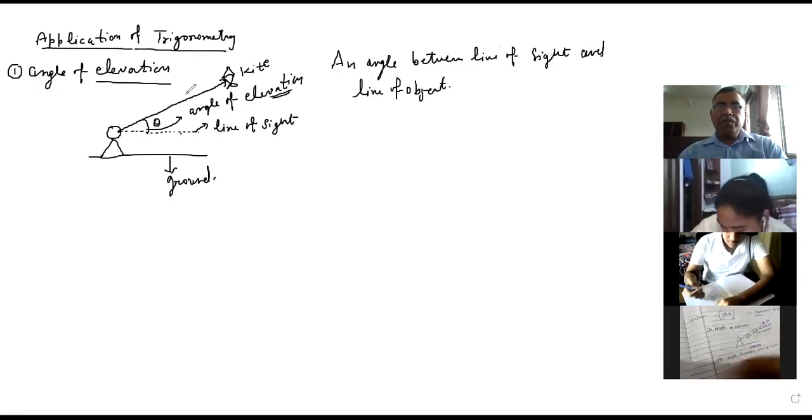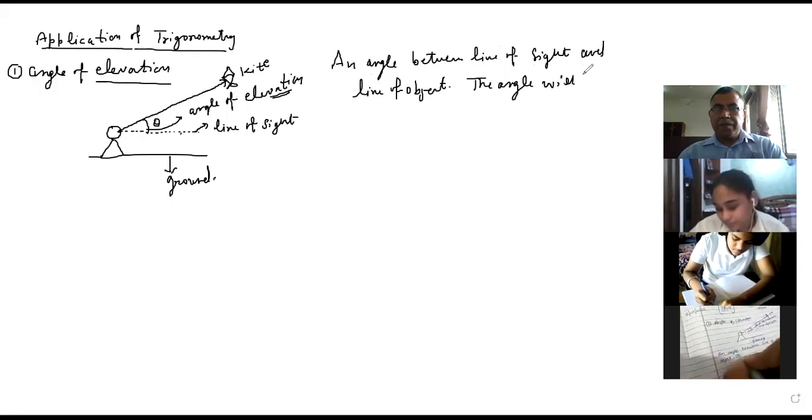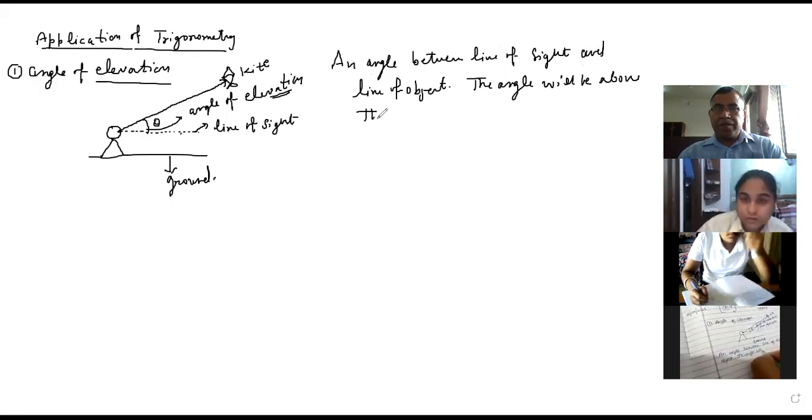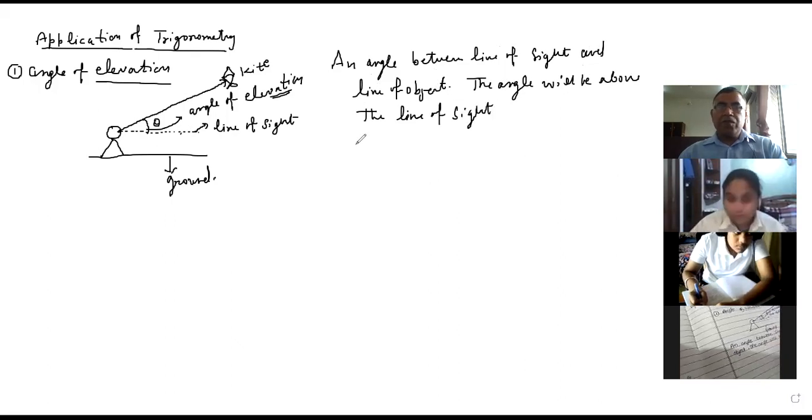This angle will always be above the line of sight. So this is called angle of elevation.